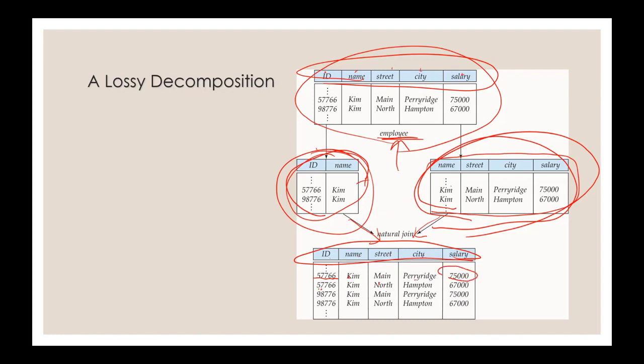And the next one has the exact same thing, Northampton, but a different salary. Same thing here. So we have two extra lines of information that were not there in the original employee table. This is what we call a lossy decomposition.